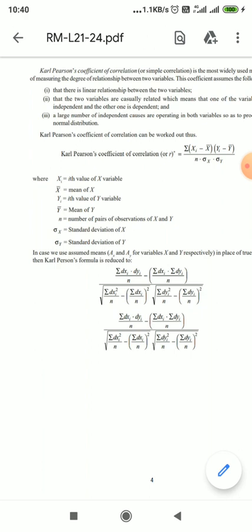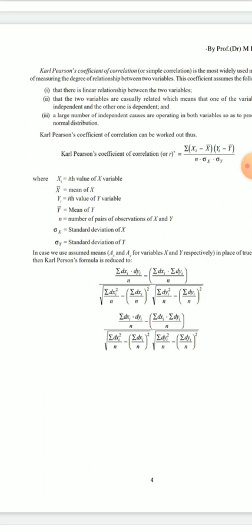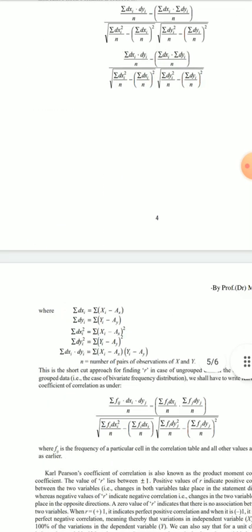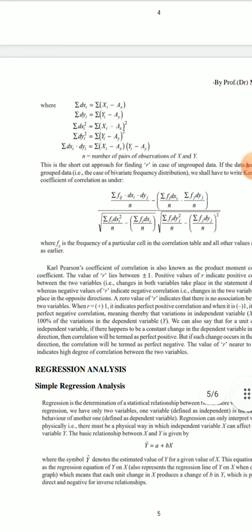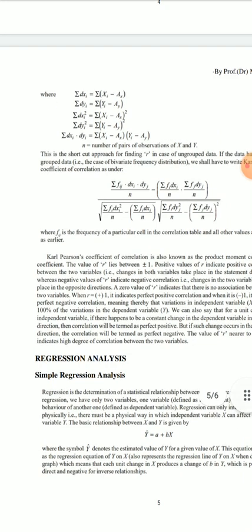Whereas summation of dxi is equal to summation of xi minus ax, and summation of dyi is equal to summation of yi minus ay. Here is given the usual value, and summation of dxi square is equal to summation of xi minus ax whole square.